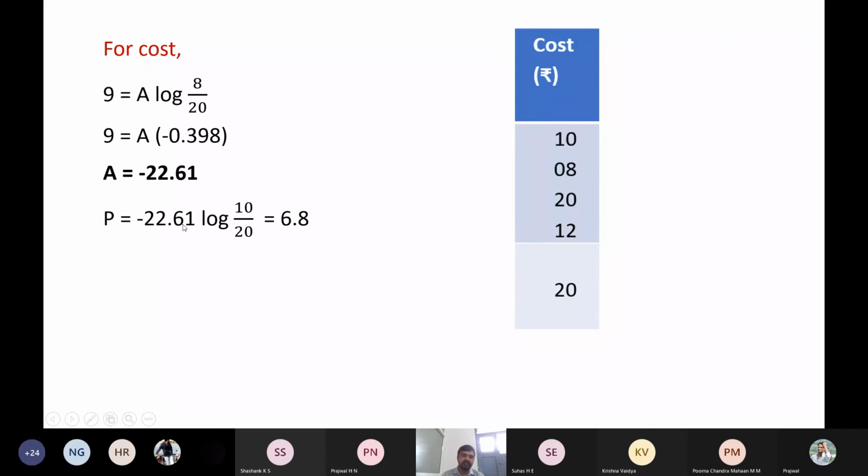Next I can find the preference values. For 10 it is 6.8. For 20 it is 0, because this is the minimum acceptable value, that means that is the least preferred value, so you will get 0. Next, for 12 it is 5.02.